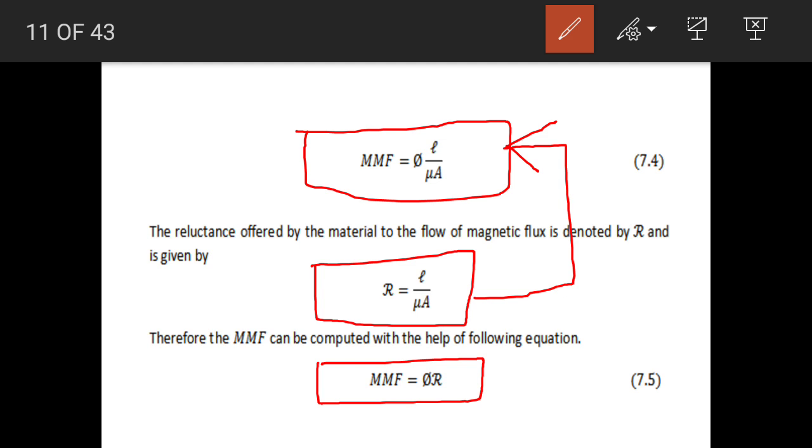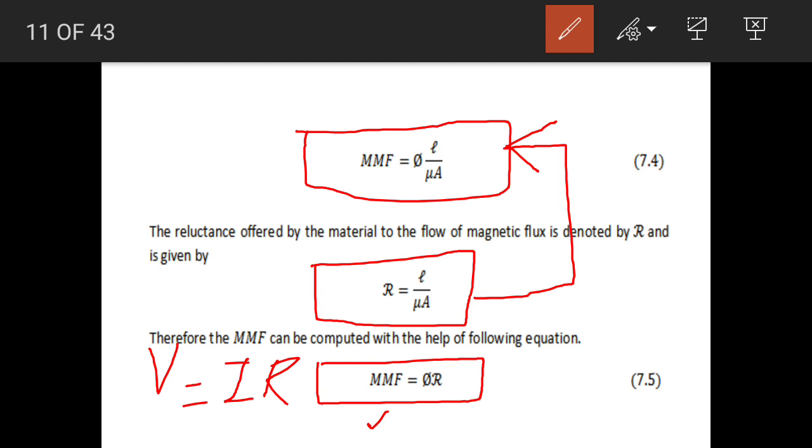We know that MMF is analogous to the voltage. Flux is analogous to the current, and reluctance is analogous to the resistance.